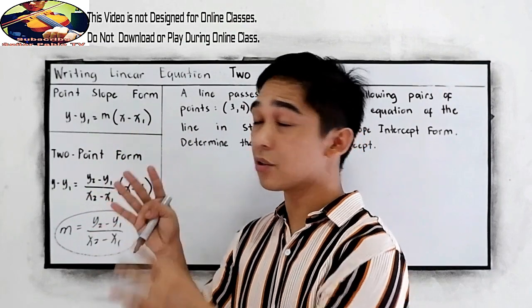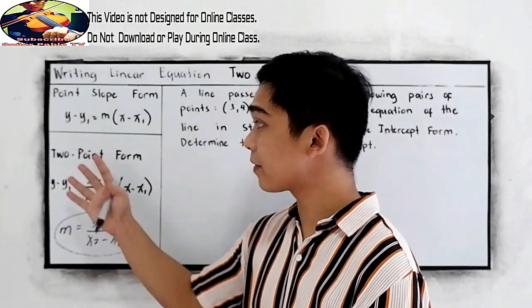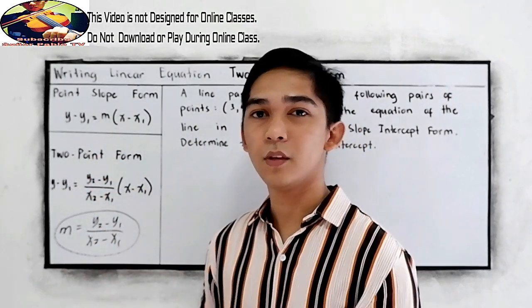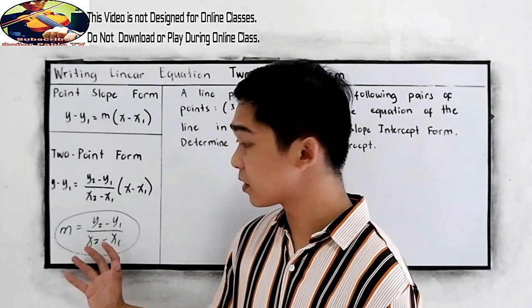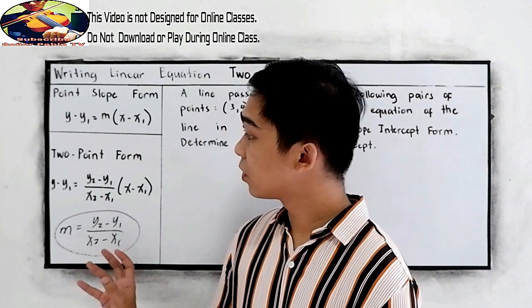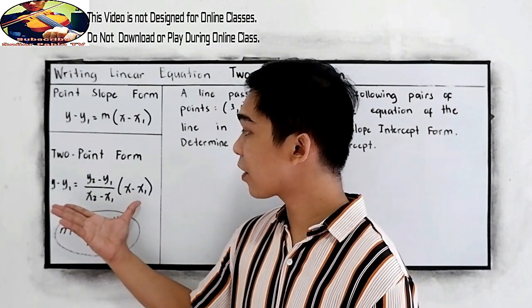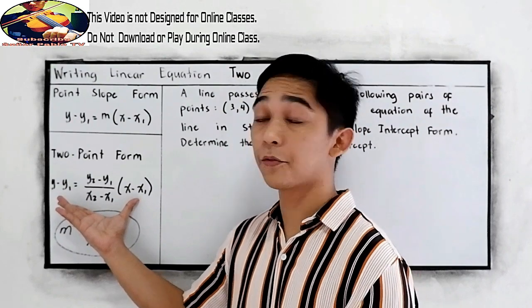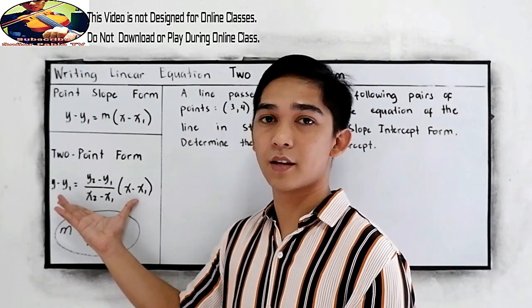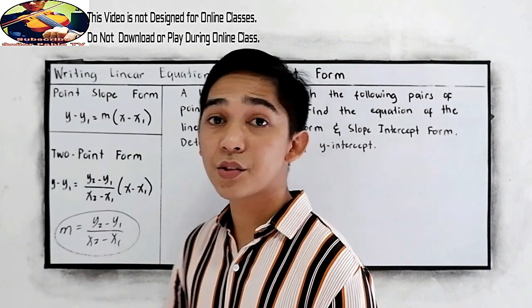That will be the relationship of the two, the point slope form and the two-point form. So you're going to choose if you're going to find the slope first, or you're going to use directly the two-point form. It's okay. It's up to you. Now let's try this example.